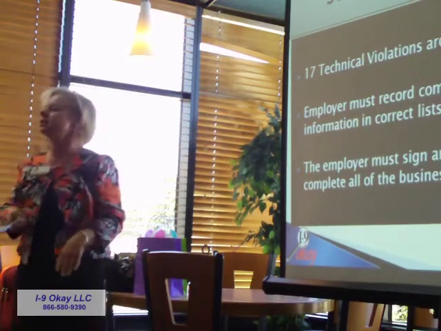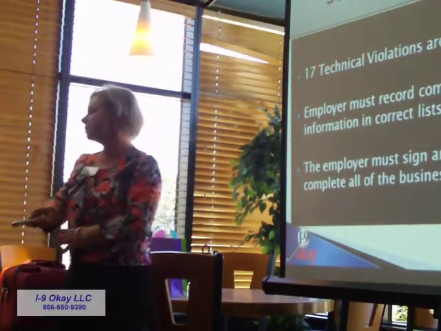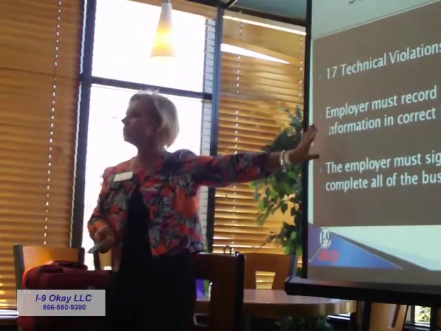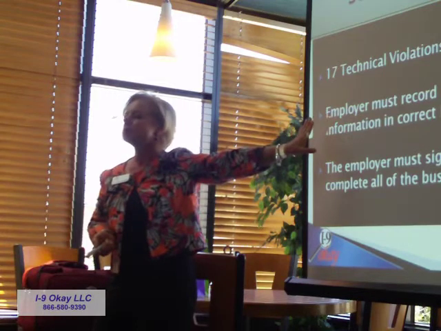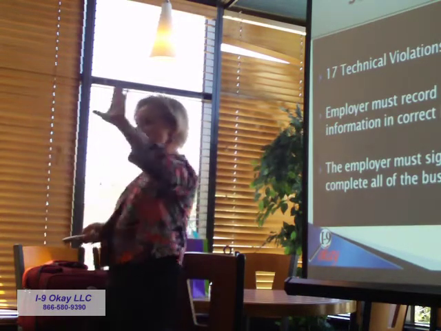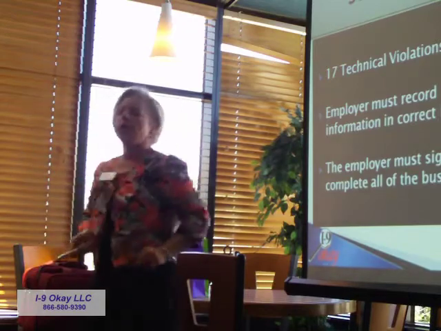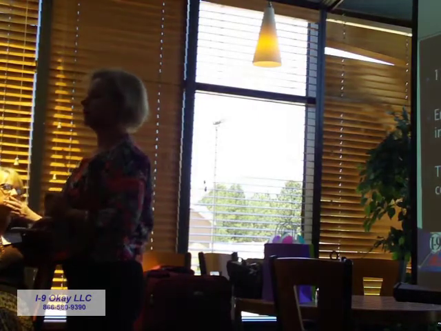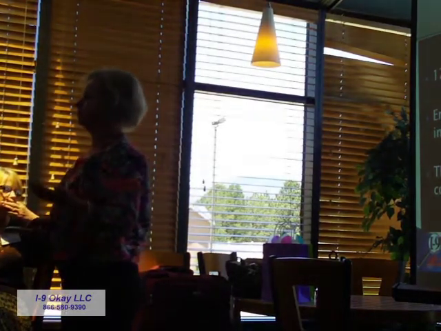Section 2, there are 17 possible mistakes to make in Section 2. You must record complete document information. This is the thing I see that happens the most often. You know, the lists of acceptable documents, List A, List B, List C. List B, it says DL for driver's license, and that's all.